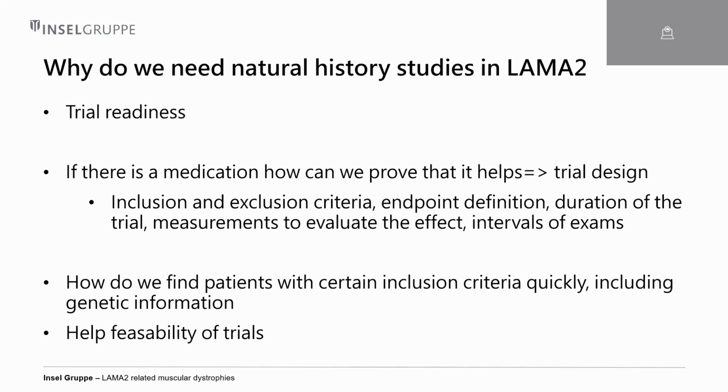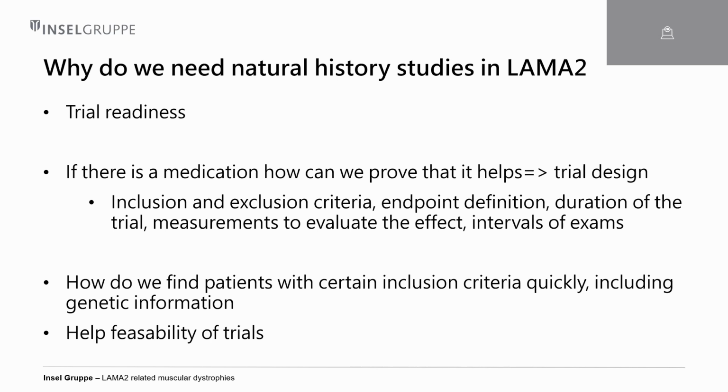And then we say, okay, this population usually behaves like that. And now we have a medication and it behaves like this, and then it's much clearer to show that it actually works.